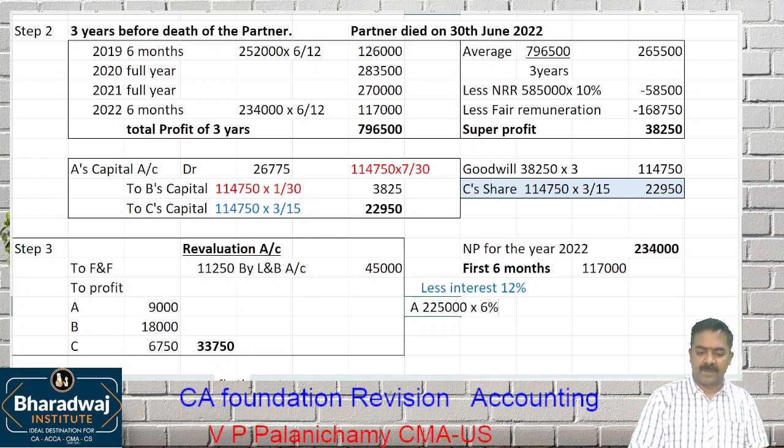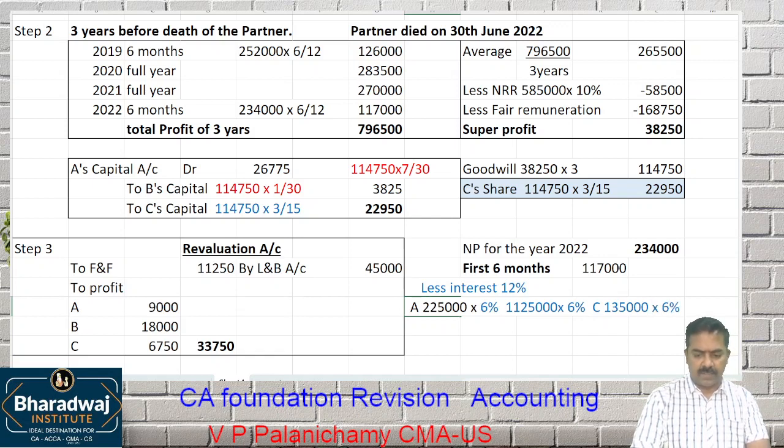Why 6%? 12% per annum. But here, the period is only how many months? 6 months. Look at how much B has. 1,12,500 into 6%. How much does C have? 1,35,000 into what percentage? 6%.